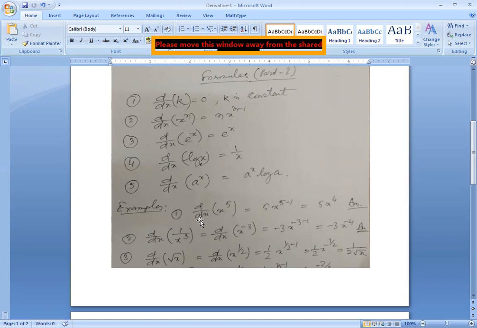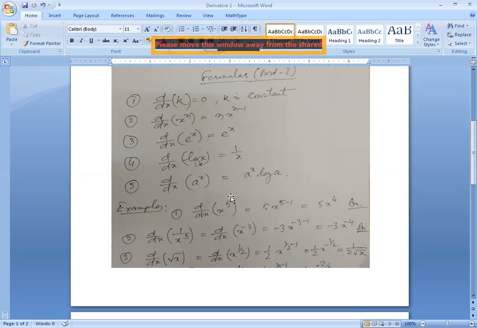So example 1, you see d/dx of x to the power 5. The function is x to the power 5. Definitely this is of the form x to the power n, and that is formula number 2. So as per this formula, we need to write n into x to the power n minus 1. Here n is equal to 5.